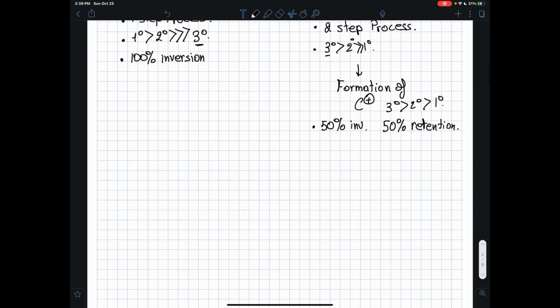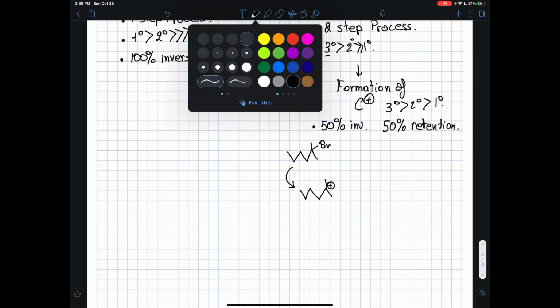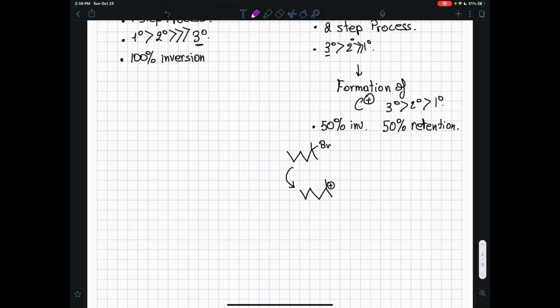In one of the steps, let's pretend we had this, and the Br is connected right here. The first step, this Br is just going to leave, and you're going to end up with this partially positive. Because now you have this partial positive, the other group that we're attacking with, let's just call it B, base, can either attack from this side or this side.